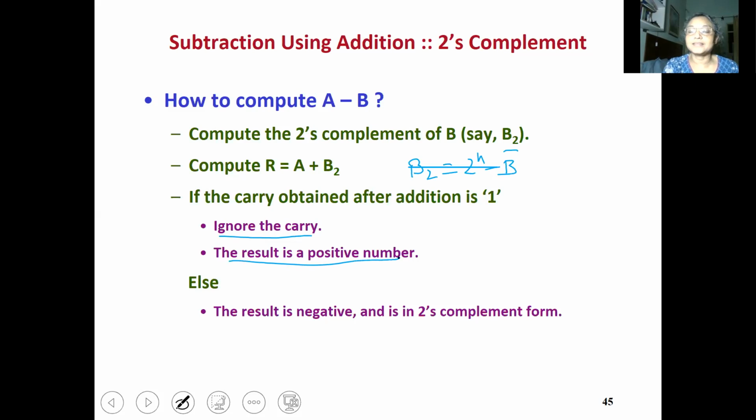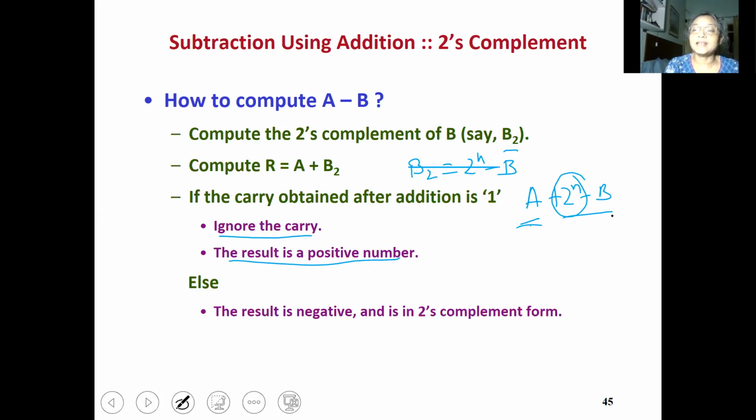No end around carry. So if we do A minus B, we do A plus B2. So we get A plus 2 to the power n minus B, that is 2 to the power n plus A minus B. What is 2 to the power n? It is 1 and then n 0s. So this A minus B will be the rest of the bits and there will be 1 at the outside. So if we ignore 2 to the power n, we get A minus B.